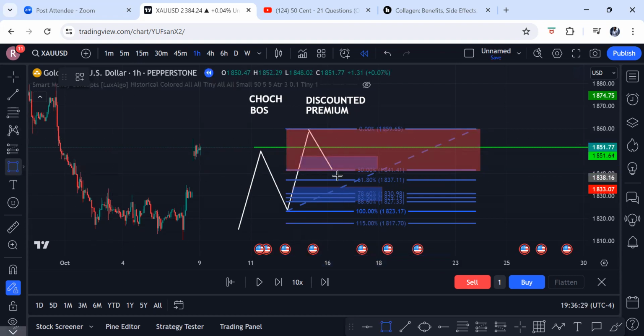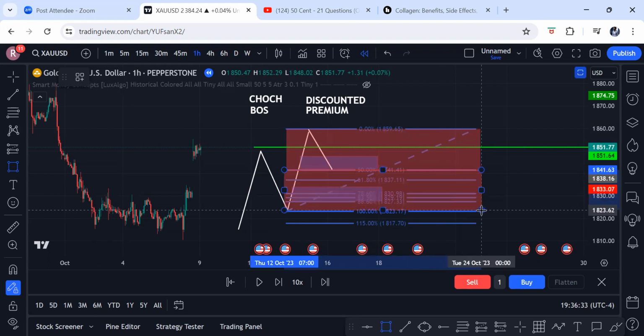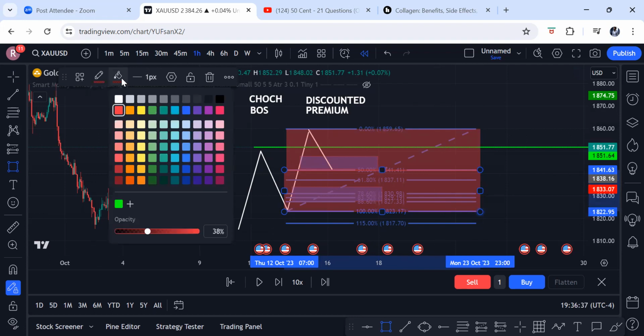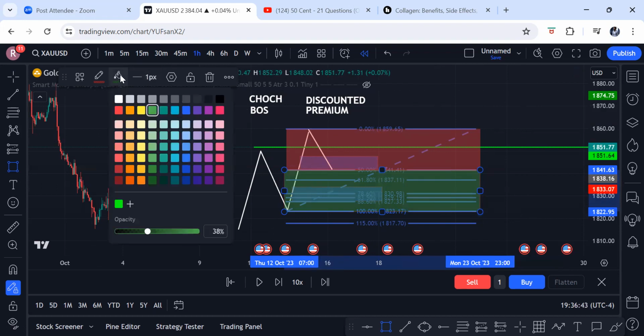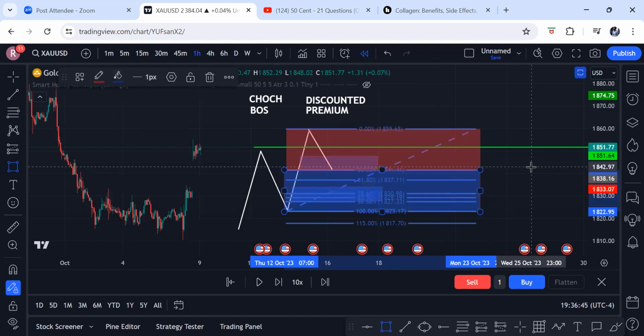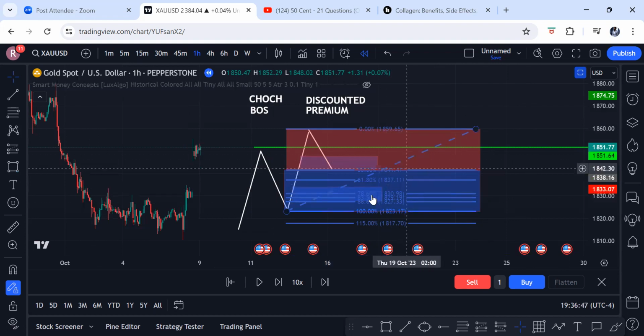And down here, anything below 50% is then seen to be discounted prices. So we're going to put that blue. Down here now, this is our discounted prices, and this is the area we want to buy in. So here is 50%.